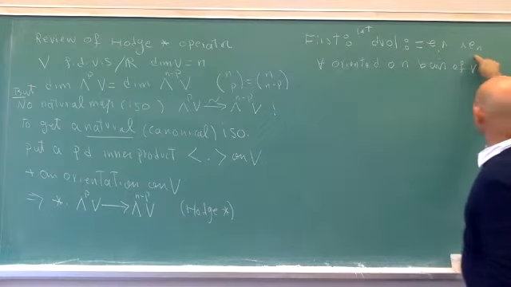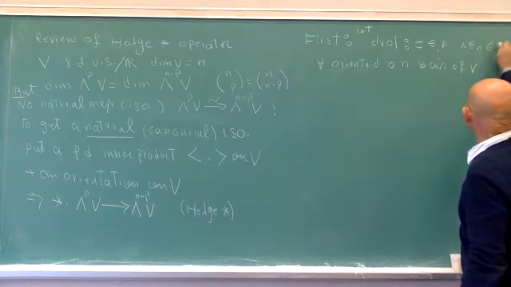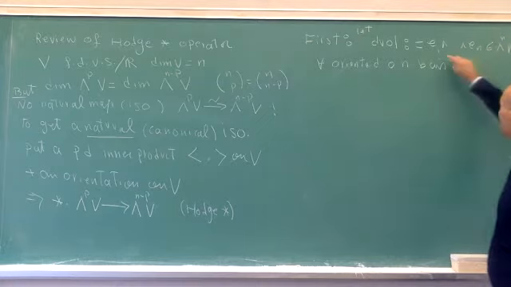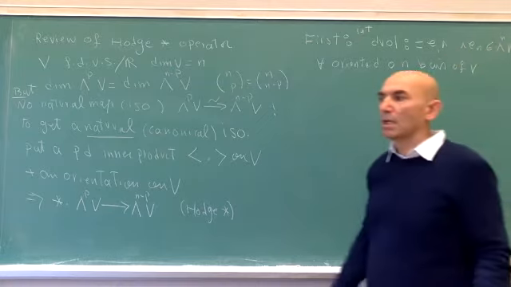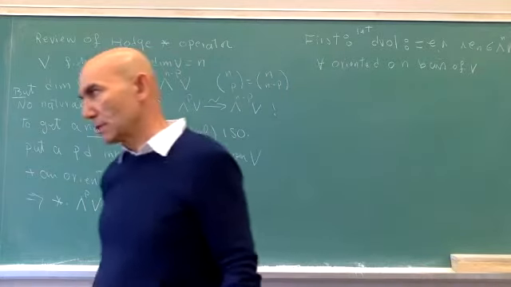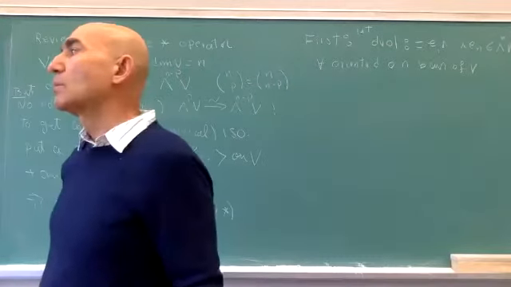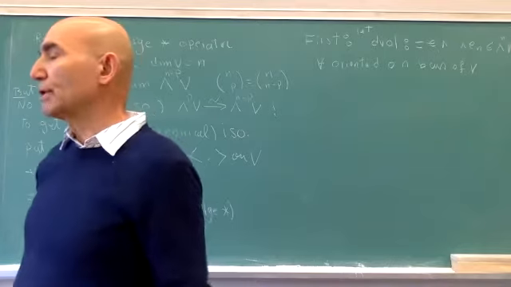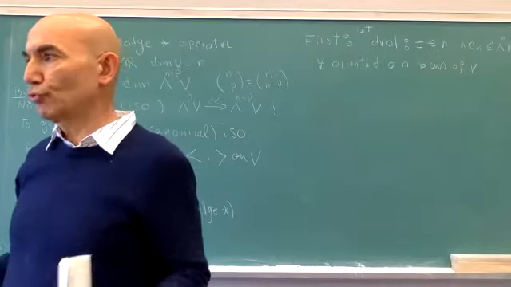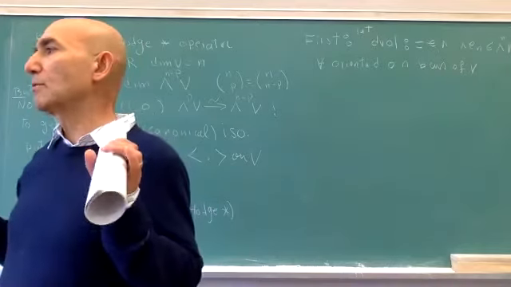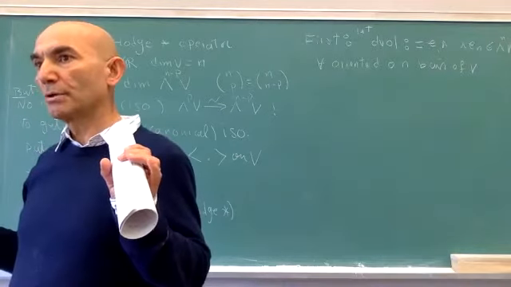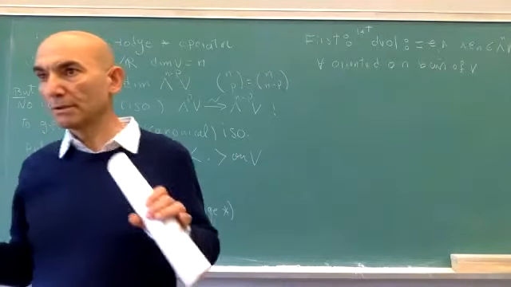So this element now belongs, of course, to wedge n of V. So it's a top exterior element in wedge n of V. Now, of course, the first thing you have to check is that this is independent of the choice of oriented orthonormal basis.